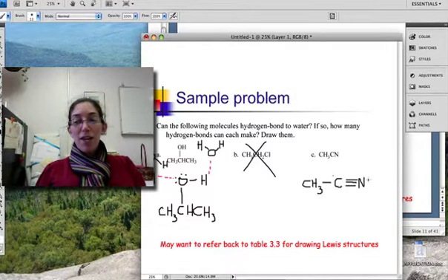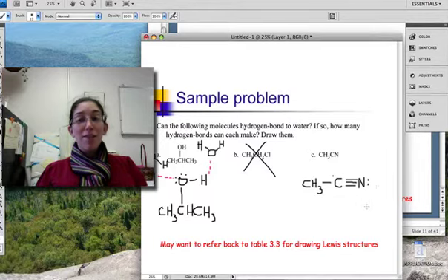And then the nitrogen's going to have a lone pair still out here because nitrogen has 5 total electrons, which give it 3 bonding arms and 2 as a lone pair, okay? So this is our molecule, and we want to know, does it hydrogen bond with water?